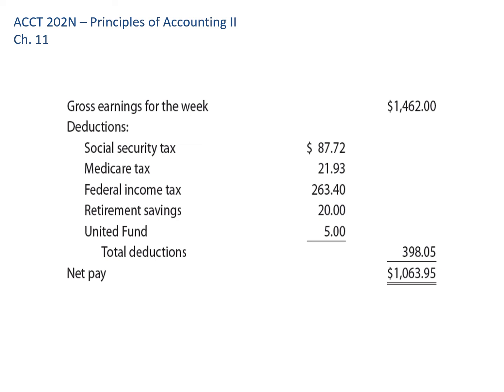And then this person is participating in a retirement program, so we deduct $20 for that and $5 for charitable deduction. So we subtract all of those deductions to come up with a net pay of $1,063.95. That's the amount that will be shown on their paycheck.